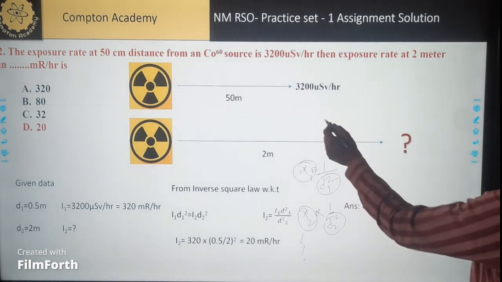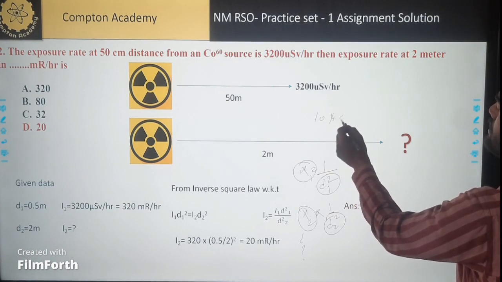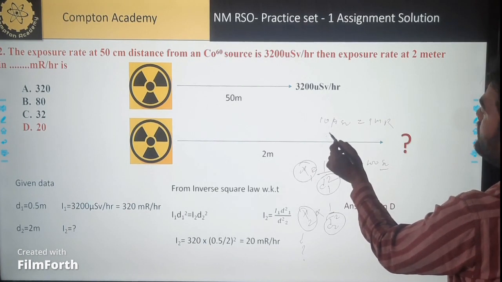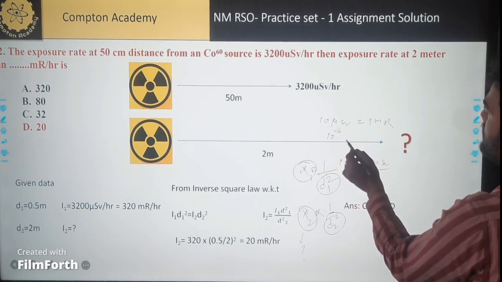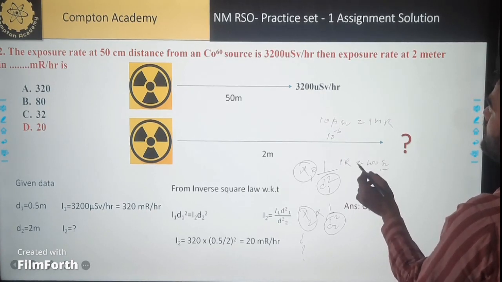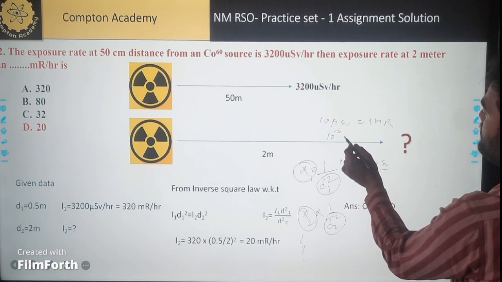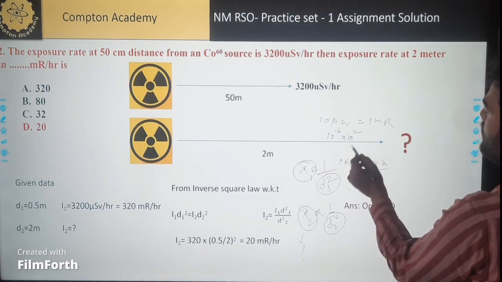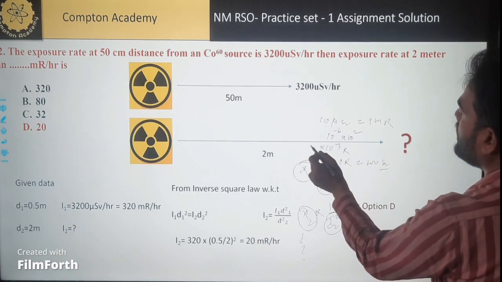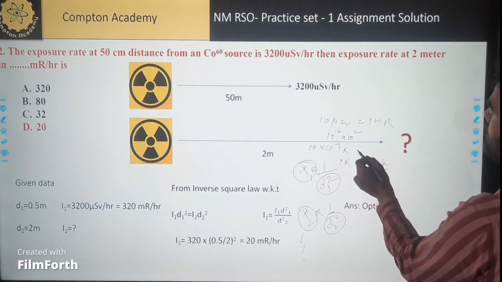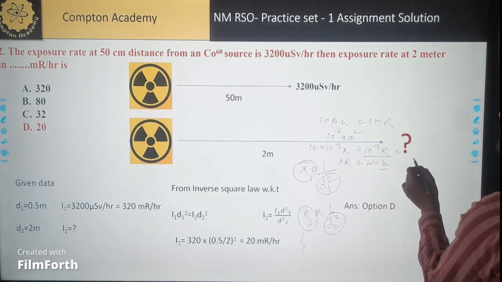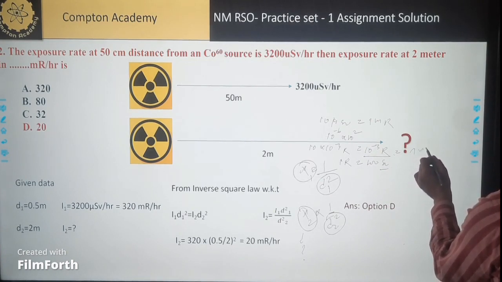You know that 10 microsievert is equivalent to 1 milliroentgen. Actually the micro is 10 raised to power minus 6. And when you convert this sievert into the roentgen, then you have to use 10 raised to power 2, then it becomes 10 raised to power minus 4 roentgen, and this 10 is multiplied, then it comes around 10 raised to power minus 3 roentgen. So 10 raised to power minus 3 roentgen can be written as 1 milliroentgen.